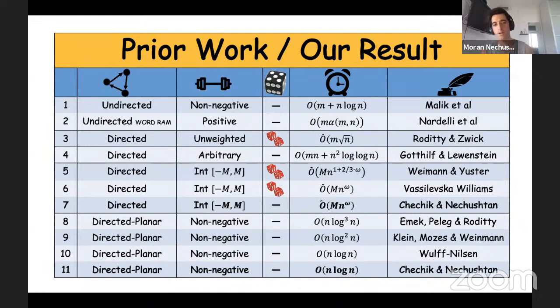Yet, the two problems were solved separately in different papers, and we've accomplished a solution that is very simple and covers both of them. Almost the same solution covers the two variants in the state-of-the-art running time.